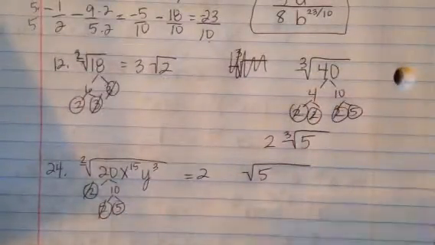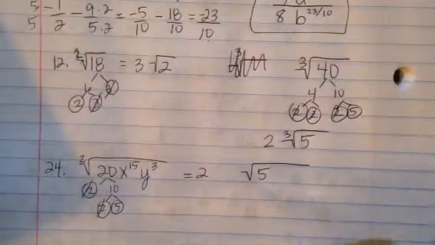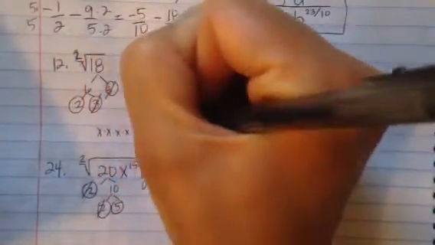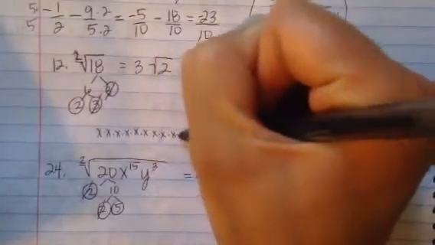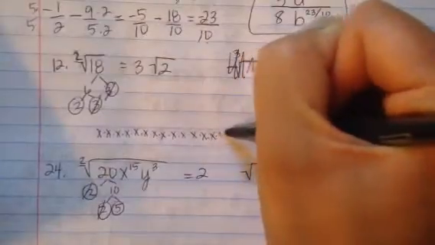Okay, now for x to the 15, this is what it would be like. I'm going to write right here 1, 2, 3, 4, 5, 6, 7, 8, 9, 10, 11, 12, 13, 14, 15.